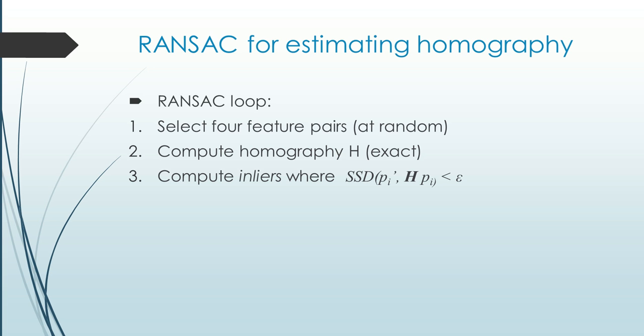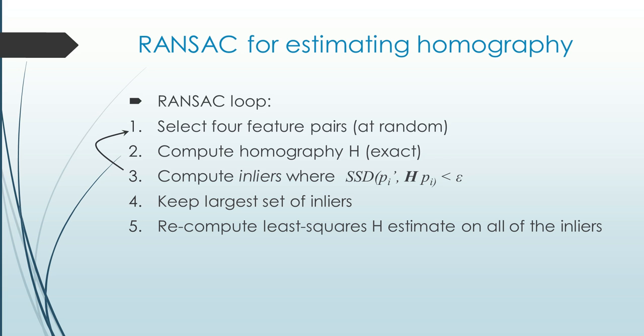Basically, we count the number of inliers, the number of other matches that are similar to this one, and then again we perform this as a loop. At the end, we keep the largest set of inliers, and the other ones, we just remove, they correspond to the bad outliers. And finally, we recompute the least squares of this homography by estimating from all the inliers.